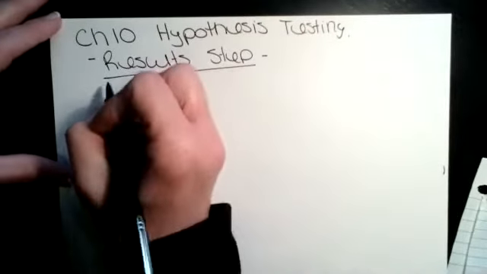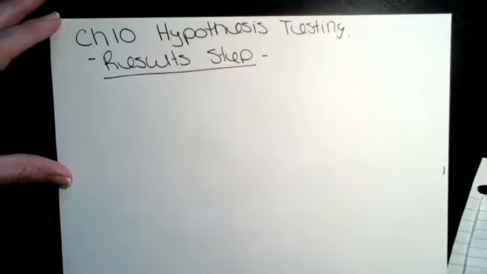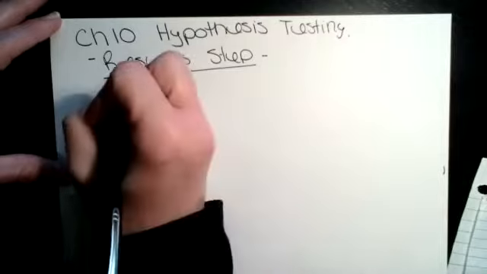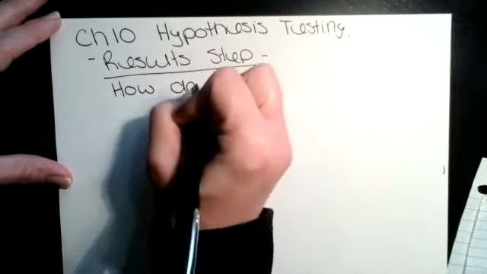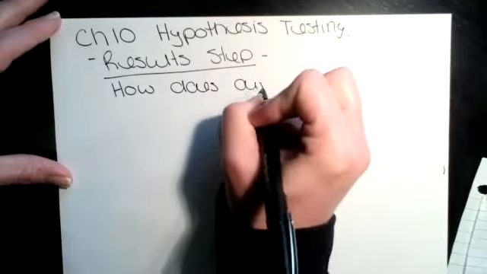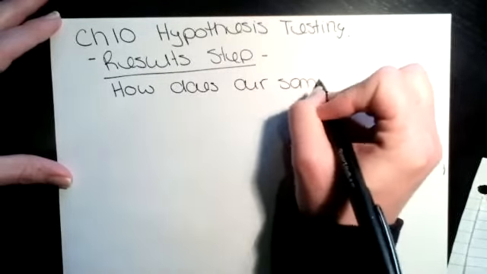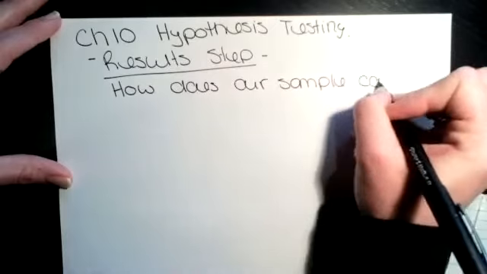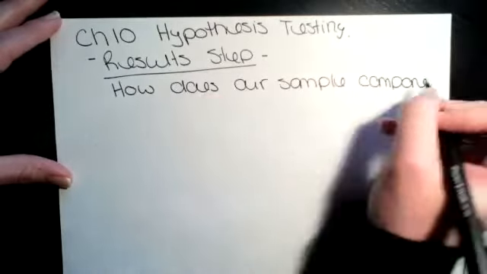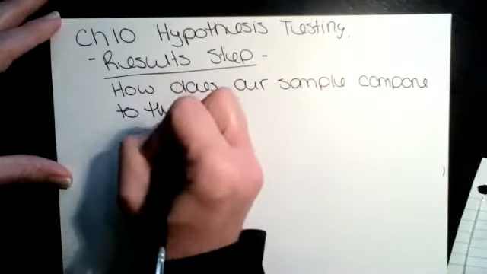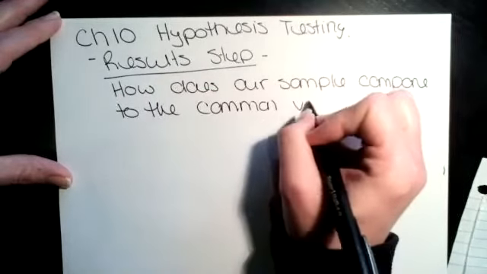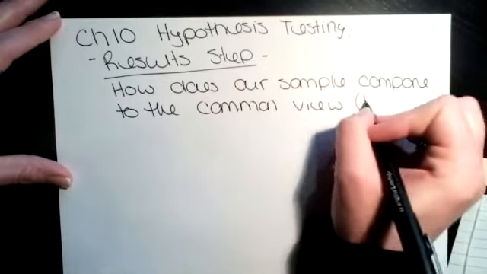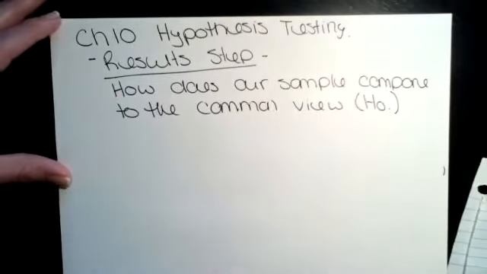So what we're looking at is how does our sample compare to the common view? Remember, the common view is my null. Okay, that's what we're looking at.